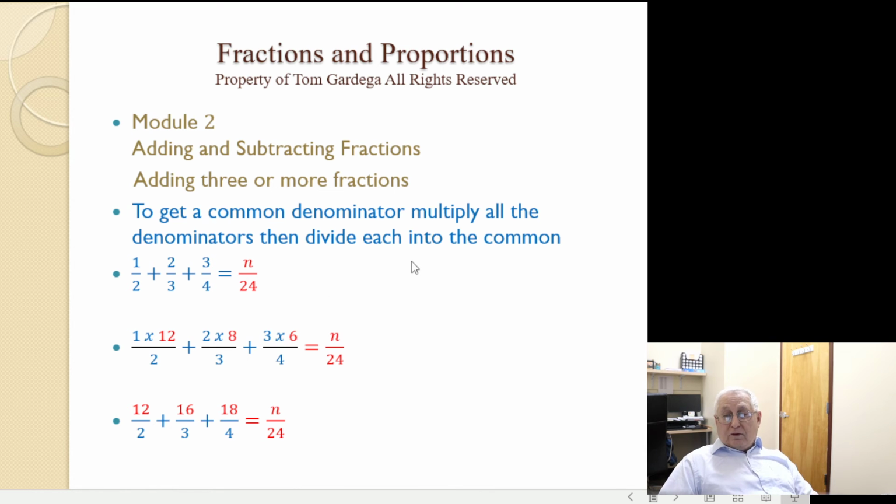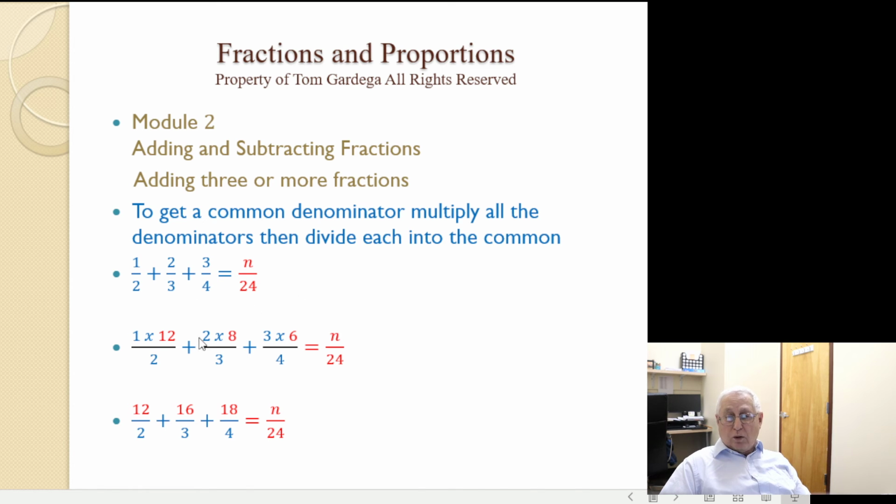To get a common denominator, just multiply all the denominators and divide each into the common. For example, here are 3 fractions that we're going to add together. We don't need to do these 2 fractions, get a result, and then add it to this.